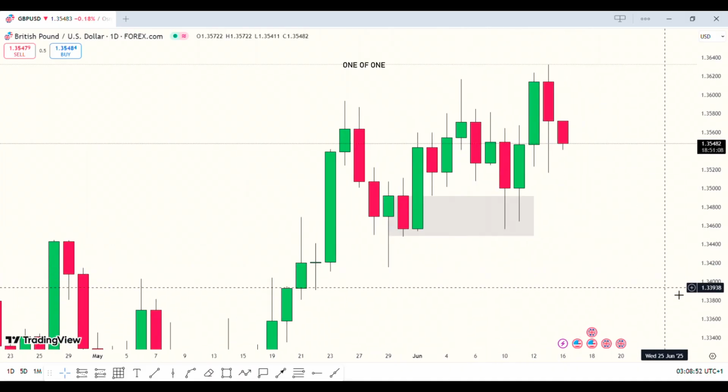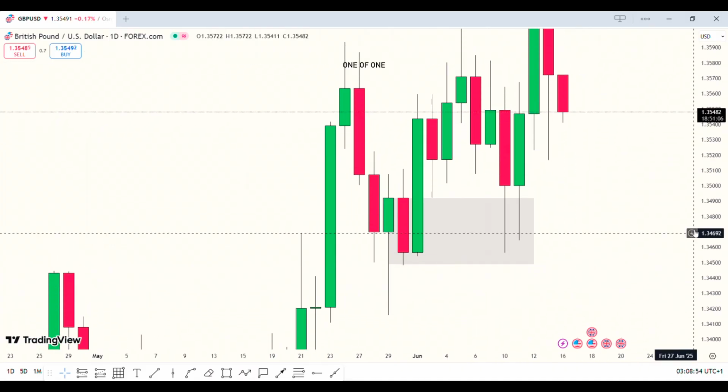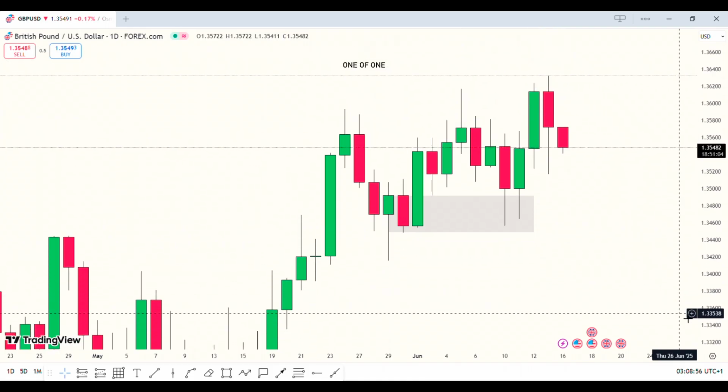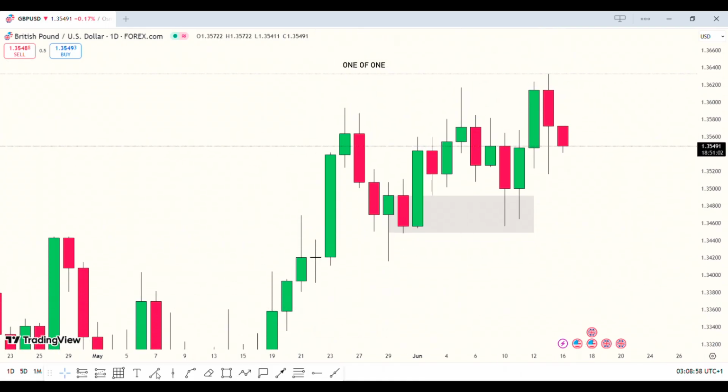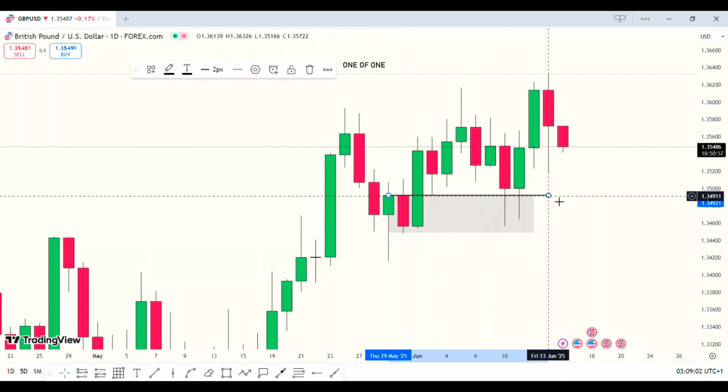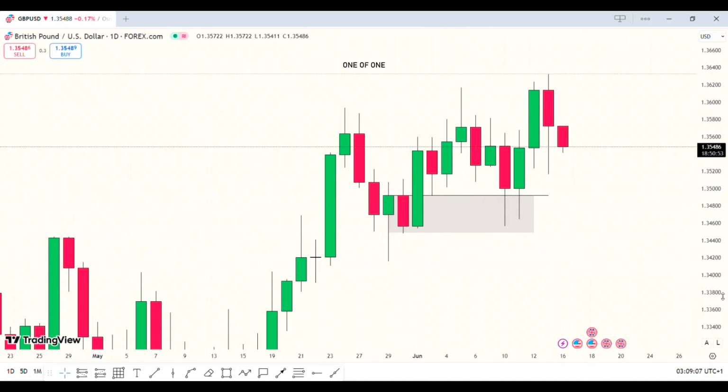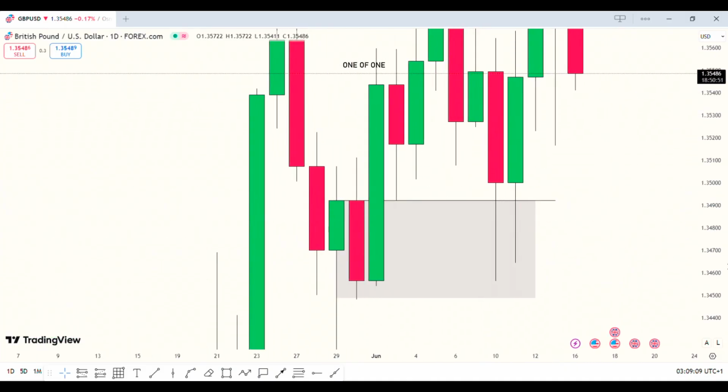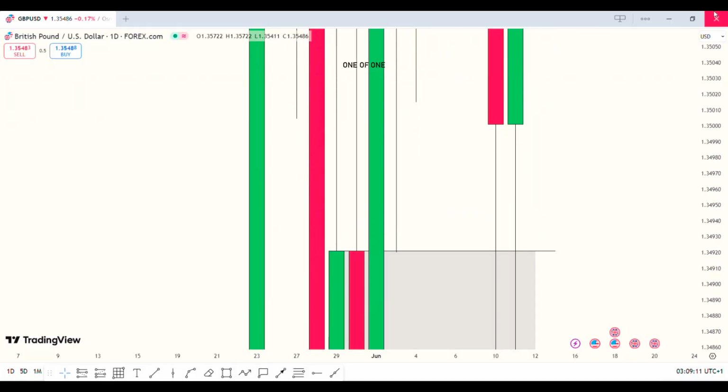So I want us to look for any valid closing price or any valid single price POI. In this case, if I stretch this out, I want to see price reacting from there. That is what I want to look for.